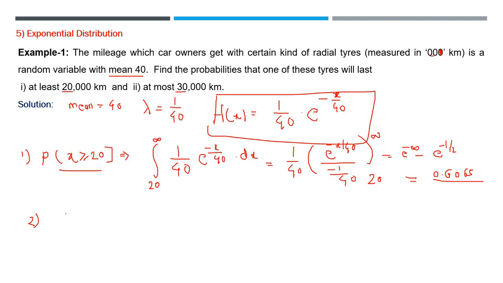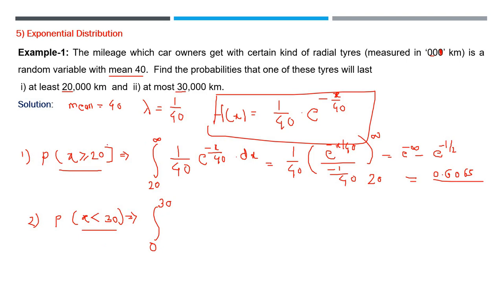Now for the second one, at most 30,000 kilometers. At most means less than 30,000 kilometers, so less than 30. That means the lower limit is equal to 0 and the upper limit is equal to 30. So x will start from 0 and go to 30.